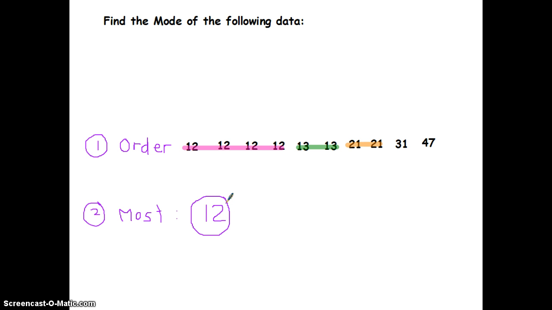That means it's the piece of data or the number that occurs the most frequently or the most often in a data set. So 12 is the number that occurs the most. Well, what does this tell me? That tells me it's a popular number. Let's go back to our lunches example.